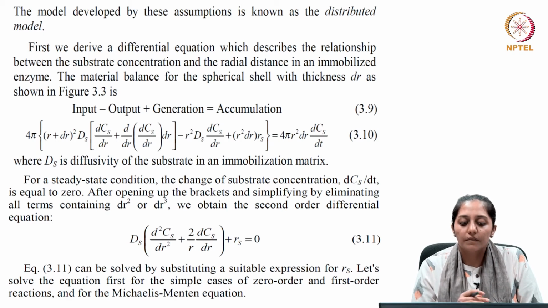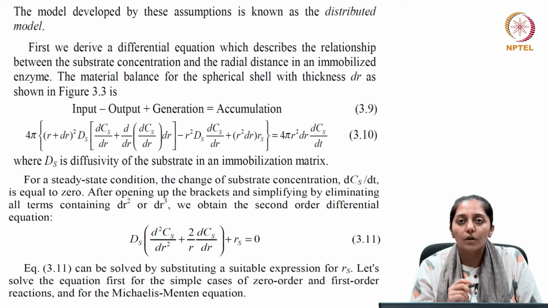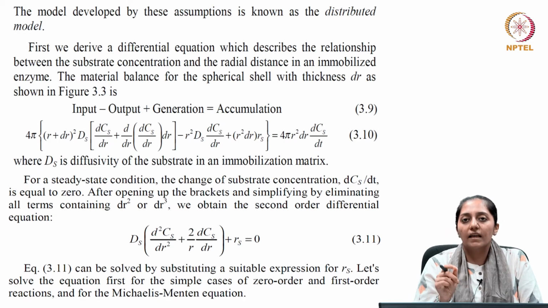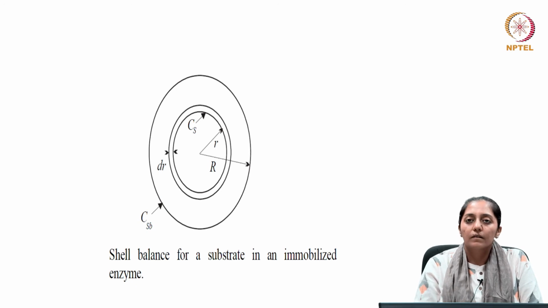So first we derive a differential equation which describes the relationship between the substrate concentration and the radial distance in the immobilized enzyme. If we start doing the material balance for the substrate across the spherical shell, this spherical shell we will assume has a thickness small dr, and small r is the radius from the center at which this shell has been cut, of thickness dr, and capital R is the radius of the pellet.